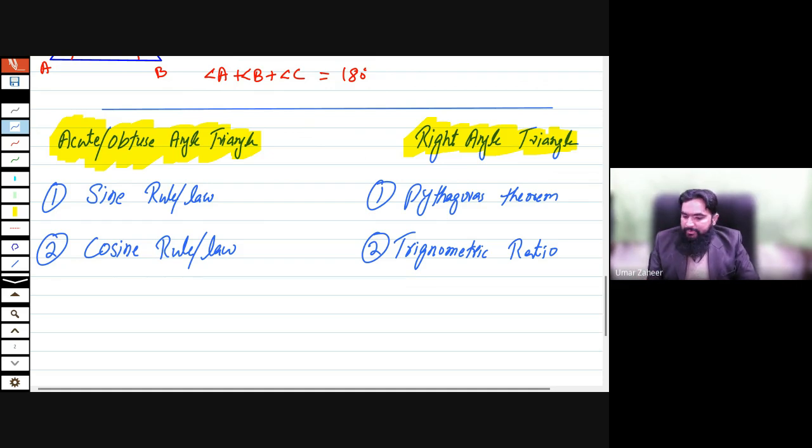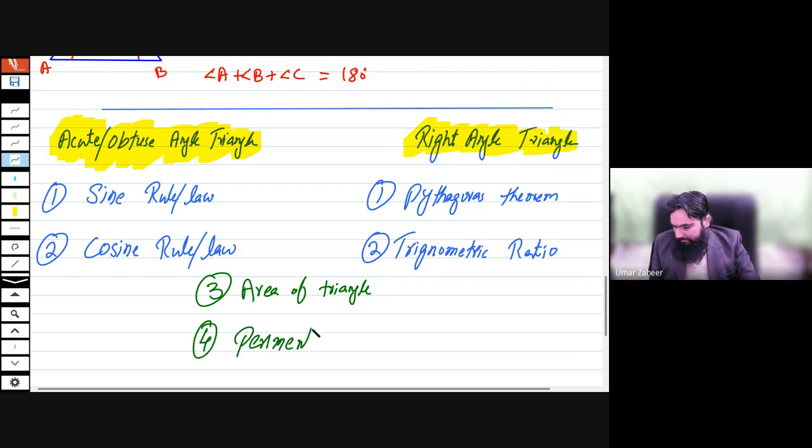Now the things that are common between both are the area of a triangle and, the fourth one, the perimeter.